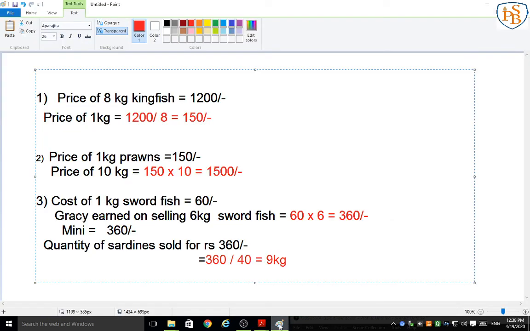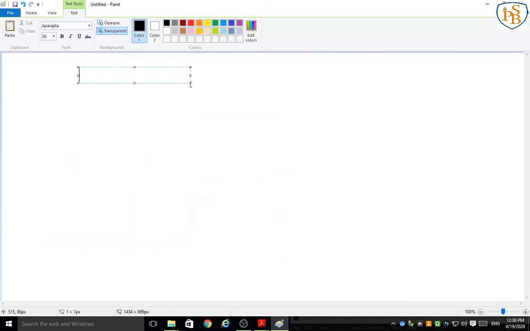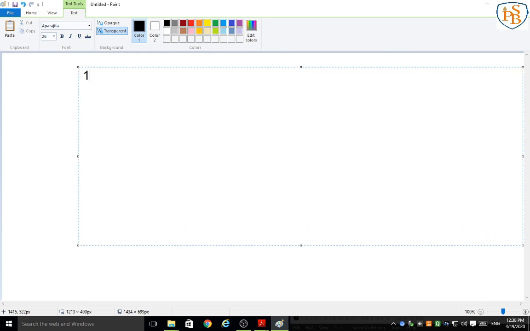How can you find it? 100 divided by 4 is equal to, what is the answer? Yes, it's 25. So he spent 25 rupees on squid.